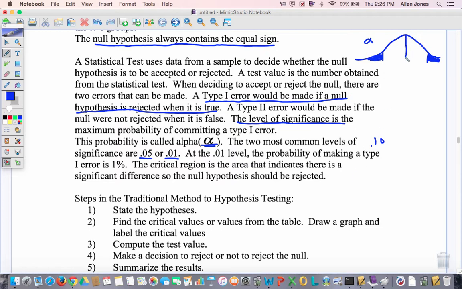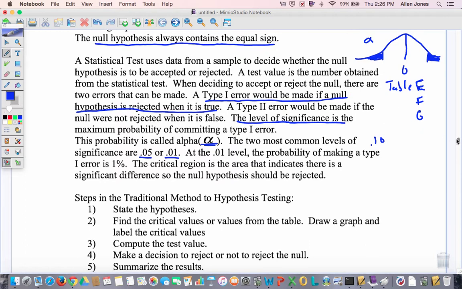And this curve is important because we'll be using our curves or our tables, table E, table F, and table G as we move through chapter 8, much like we did in chapter 7, based on population standard deviation, sample standard deviation, whether we're working with a mean or proportion, standard deviation or variance.